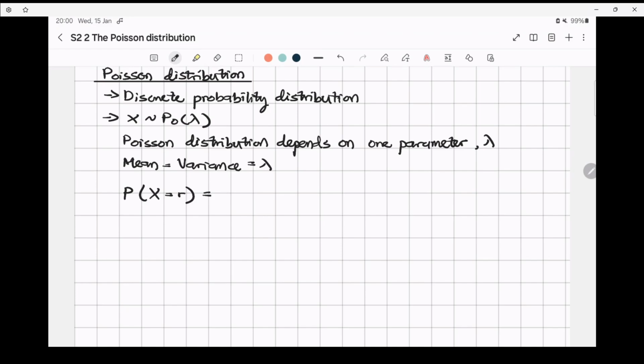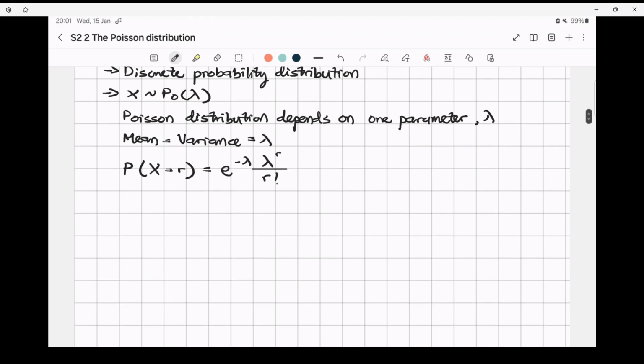So this is given by this particular formula, e to the power of minus lambda, and then you have lambda power r, and the whole thing is divided by r factorial. So this will be the probability for x equals to r events to occur, for example. As you can see, this r can go to infinity, but very unlikely.